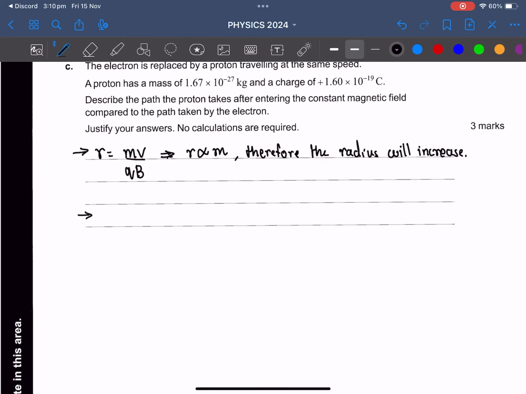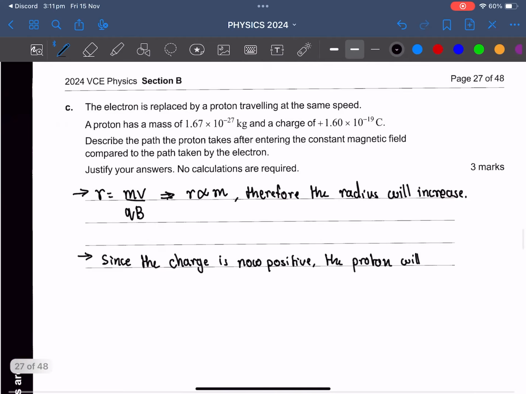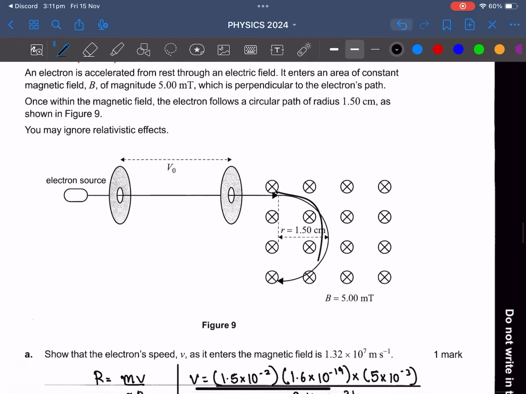The other change is that because the charge changed, the proton will now rotate in the other direction. Since the charge is now positive, rather than rotating this way like an electron, it will now rotate this way.